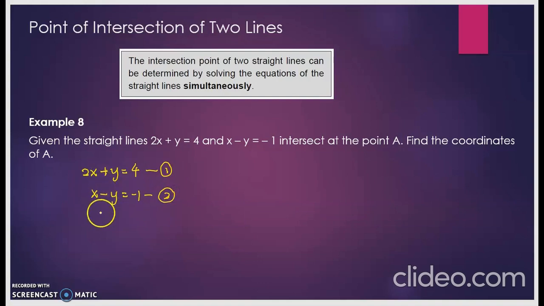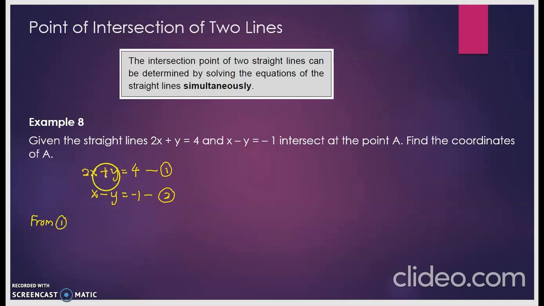So here you can use elimination method or you can use substitute method. It's up to you. Of course, elimination method is faster. But now let's say I use substitute method. Let's say from equation 1, or you can use equation 2. It's up to you. Let's say from equation 1.